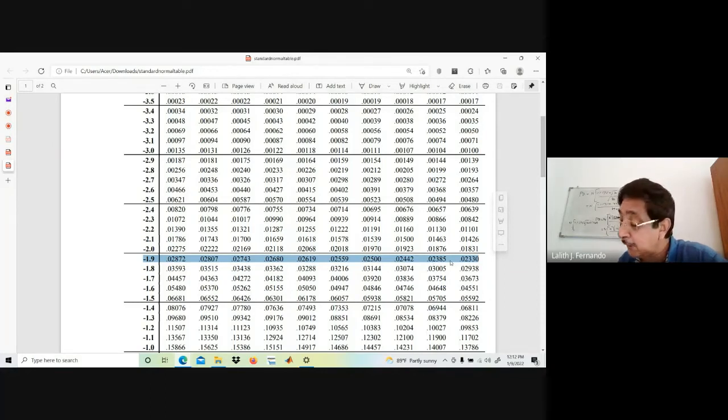So the additional amount I took as 0.00022. So then what we need to do is deduct 0.00022 from 0.02385.